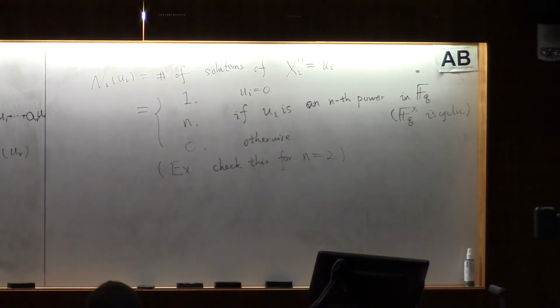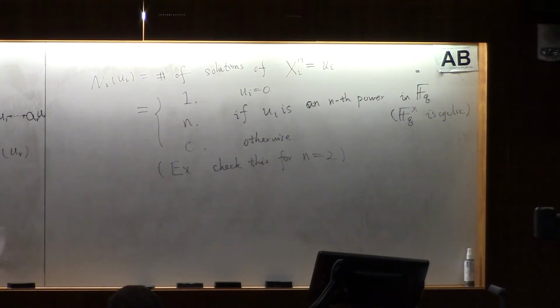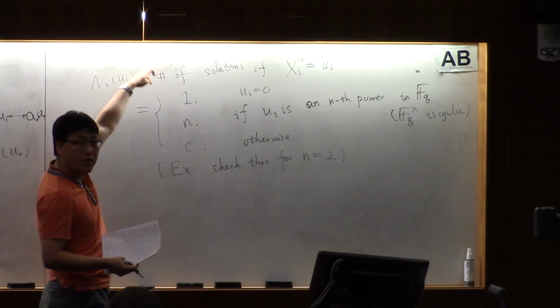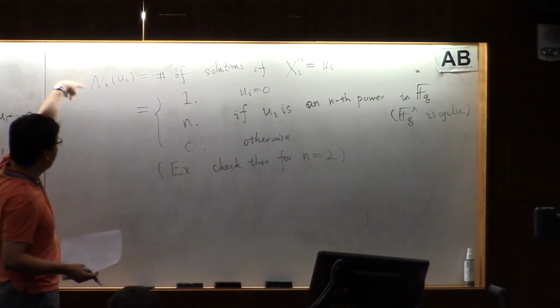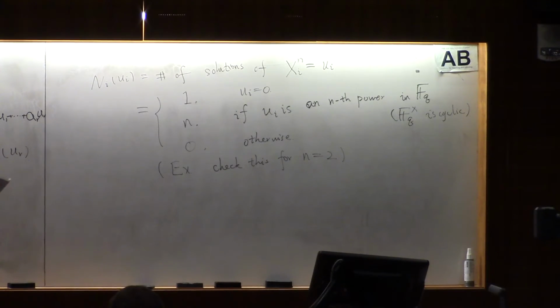You can go back to the Legendre symbol I explained in the previous example. So now we have a very clear description for each of these factors, but it is not good enough. In the previous example, we tried to write the number of solutions of an equation as the sum of some characters. And we want to do the same thing for these numbers.